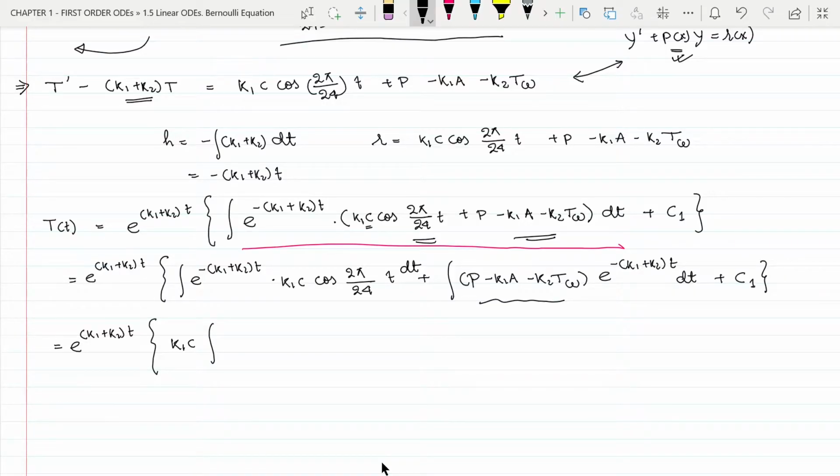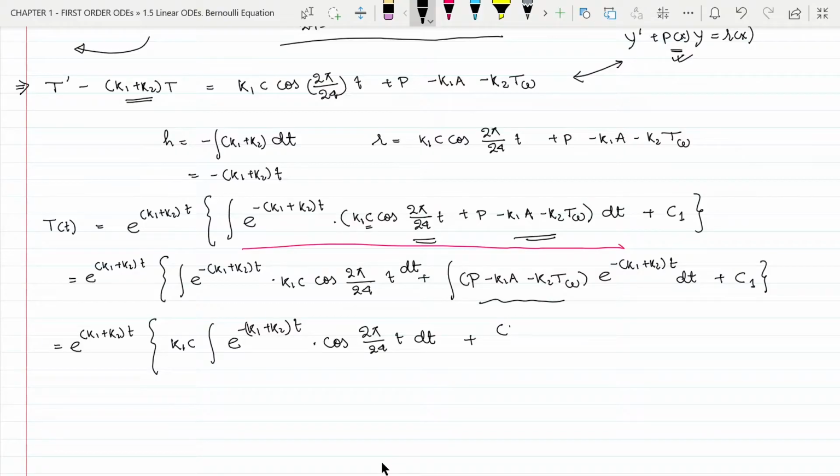We have taken the constant term outside, and this is e to the power minus K1 plus K2 t multiplied by cos 2 pi by 24t dt, plus the constant terms can be taken out of the second term.